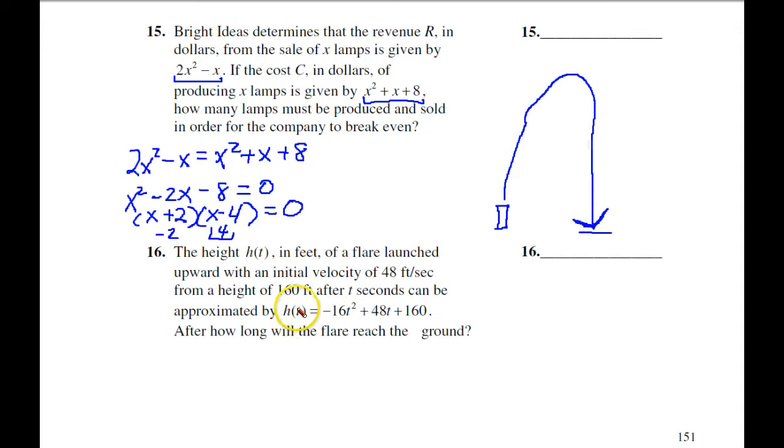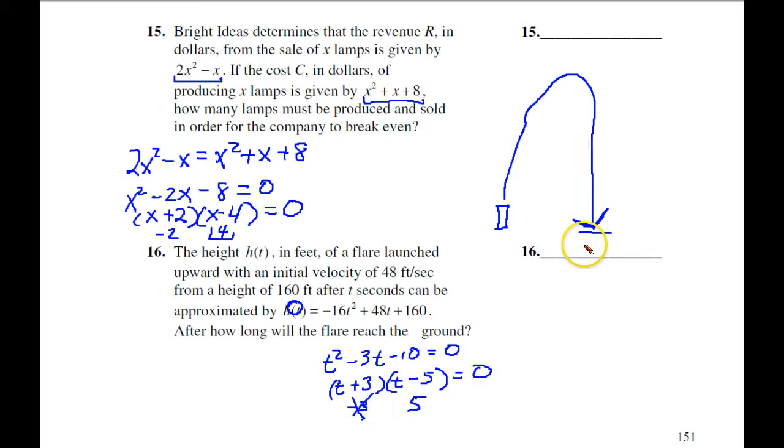So all we do there is put in a 0 where our height is at the ground, and we solve this equation. Now notice you can factor out a negative 16 out of each term, and when you do, you get this. It's one that's easy to factor, and here you get a 5. Here you're going to get a negative 3. We'll reject that one. So the answer is it's going to hit the ground in 5 seconds.